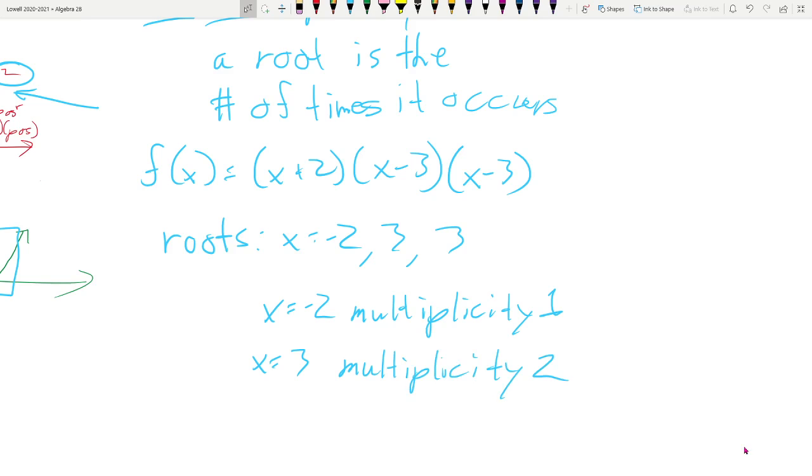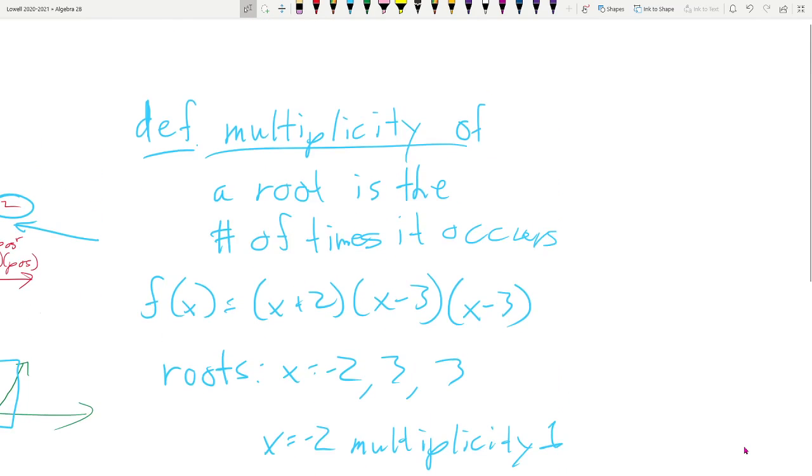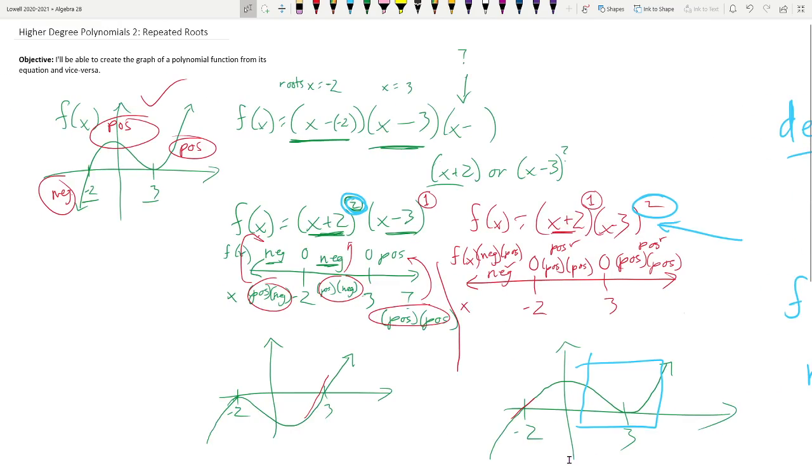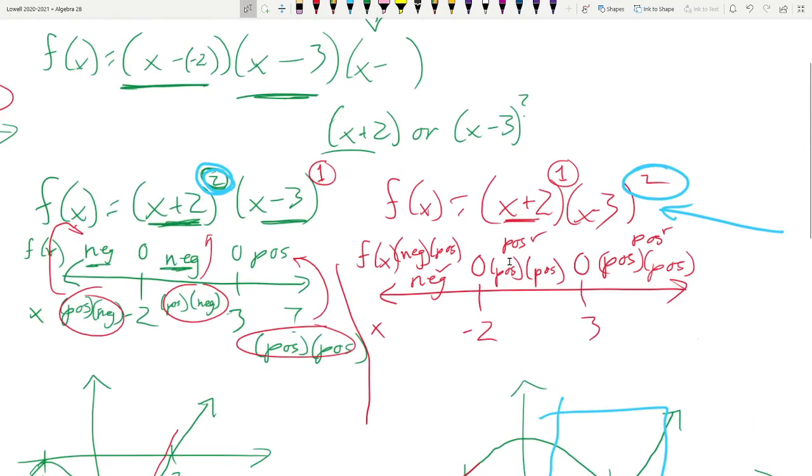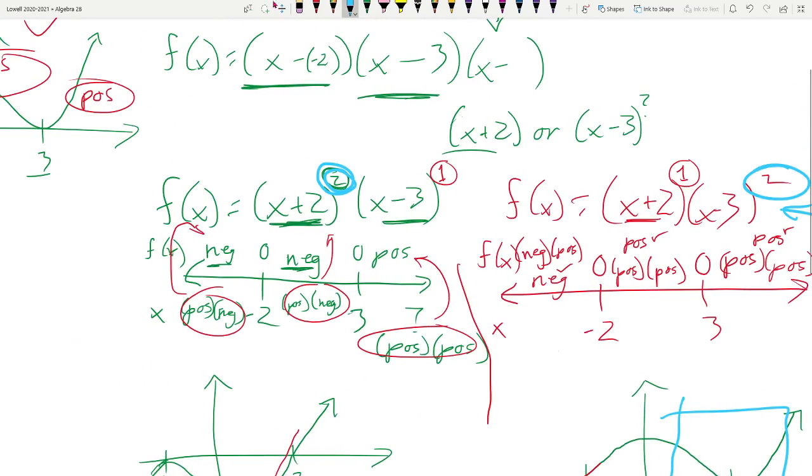Now, if we draw the connection to the graph, we can see that the multiplicity of all the roots is actually equal to the degree of the polynomial. Notice, these are both third degree polynomials. So let me highlight them because we have a lot going on here, sorry.